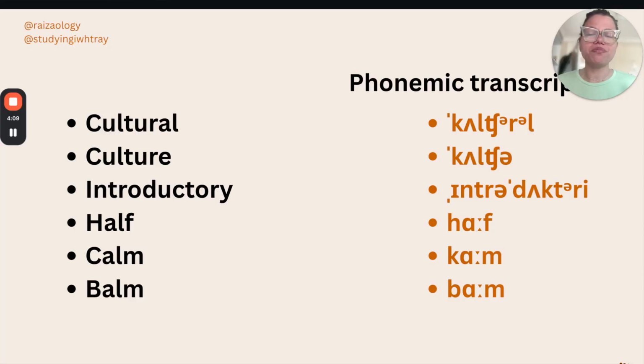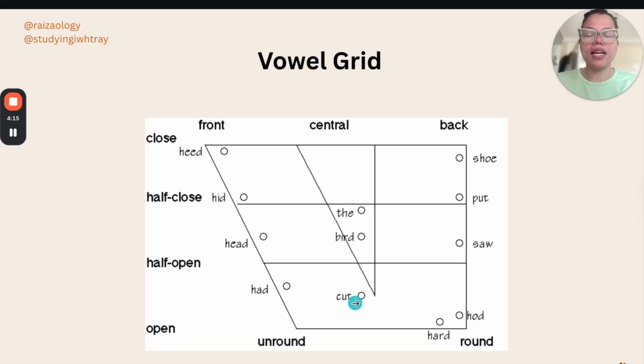Okay, so this one has the sound of a strut, which is this V upside down, and the V upside down is in the middle of the vowel grid. So this means that your mouth is half open. So cut, you kind of giving it a fake smile, yeah?